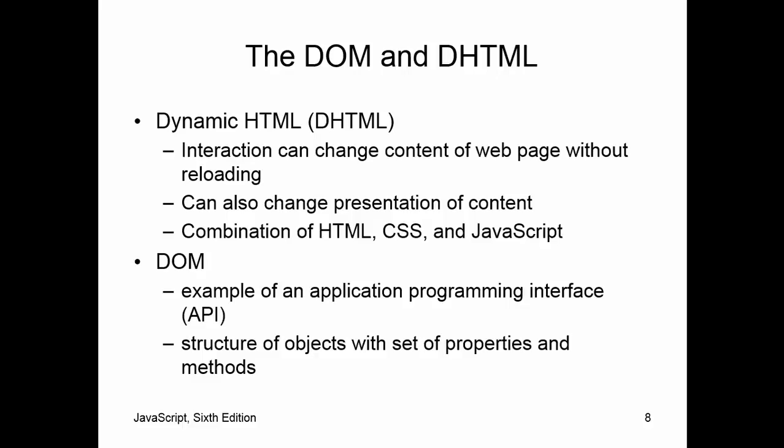So the DOM, which we're going to get into right now, is an example of an API, or application program interface. I've talked about this before. I want to say it again. What an API is, in general terms: imagine somebody gives you a contract and asks you to sign it, and they say, after you agree to this contract, you're going to have this, and this, a bunch of different stuff that you can use.